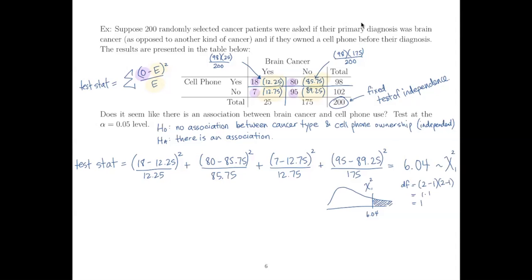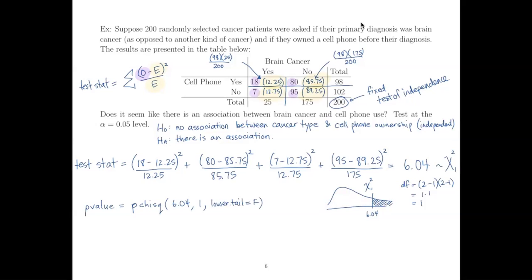If you want to work that out, we have some nice R code. It's pchisq, and you plug in your test statistic, your degrees of freedom, and then we always need to say lower.tail equals FALSE. By default, it will give you the area over here to the left, so we need to tell it no, we want the area to the right.